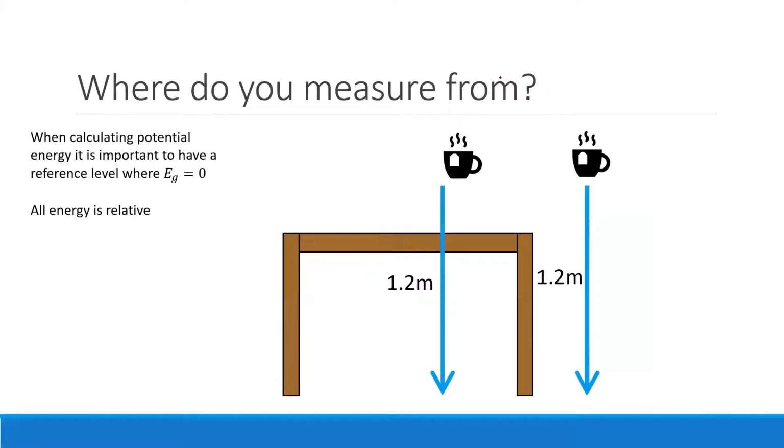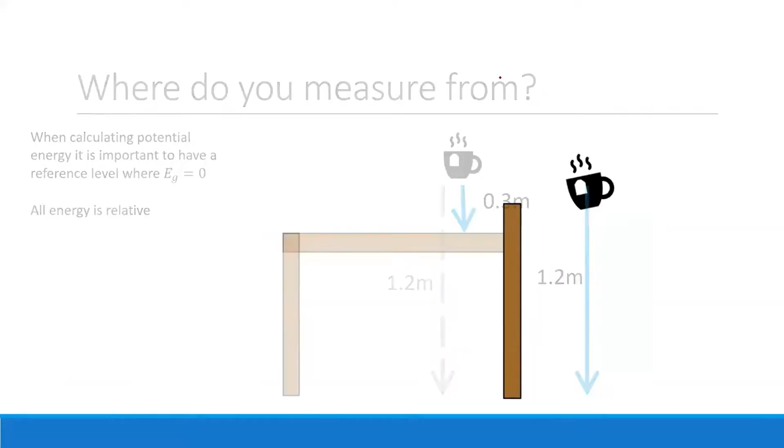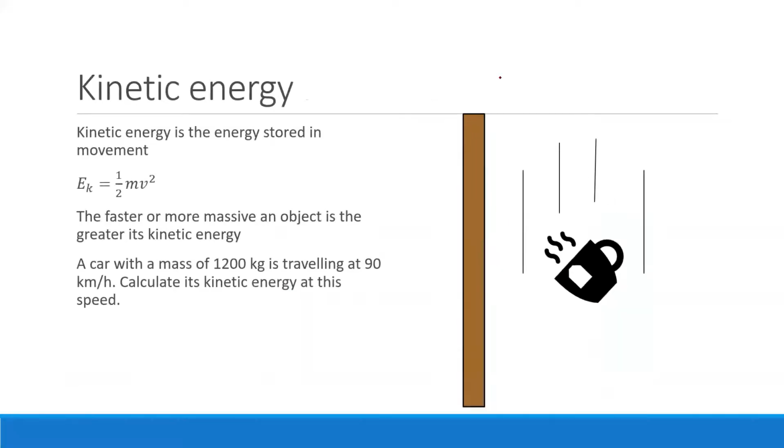And energy is relative. So for example, if we have these two mugs, we could both say that they have the same energy because there's that same part of the ground. But if one mug is falling onto a table, then we actually refer to its energy in reference to the table, not in reference to the ground. If it is falling towards the ground, we can calculate the kinetic energy, which is half mv squared.